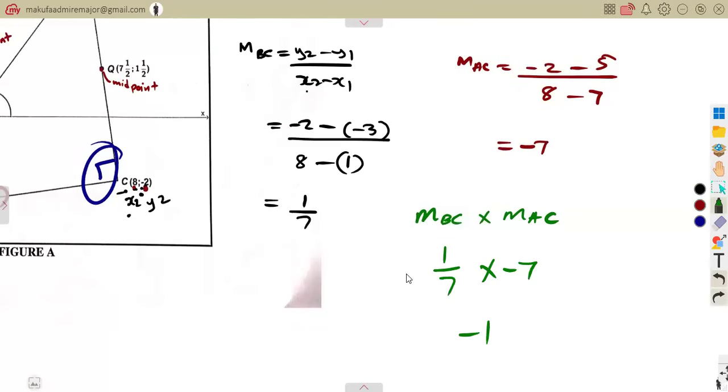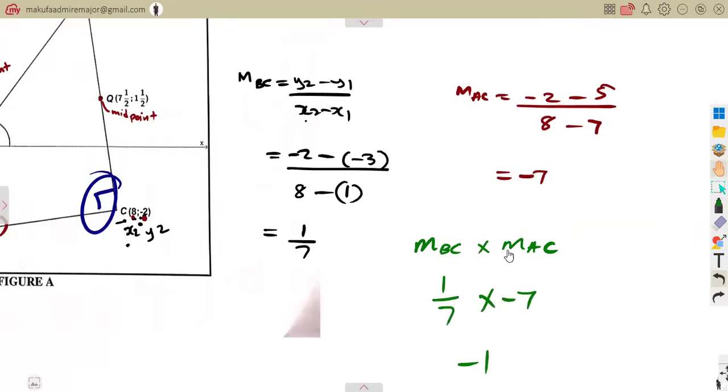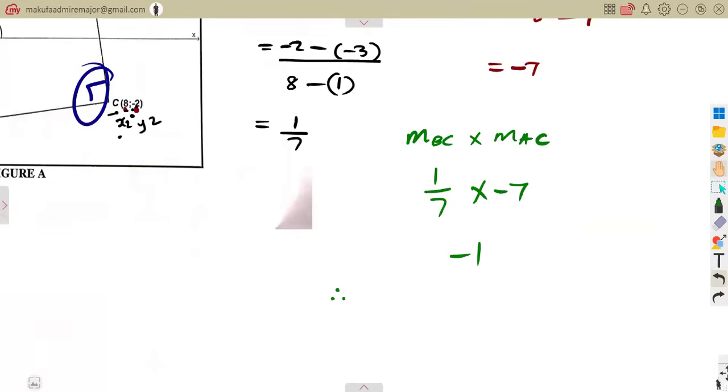This is a condition that can only be achieved by perpendicular lines. So these two lines are perpendicular. Therefore, BC is perpendicular to AC, since the product of the gradients is -1.